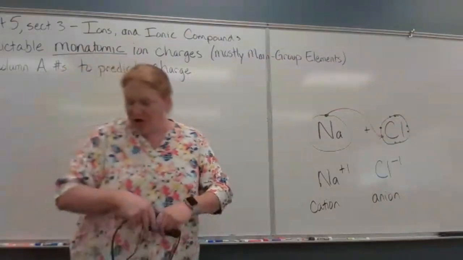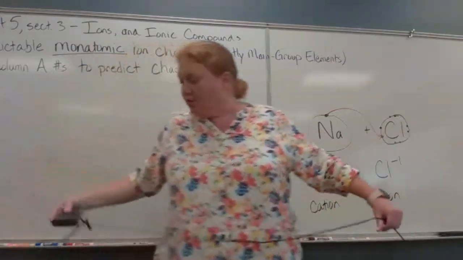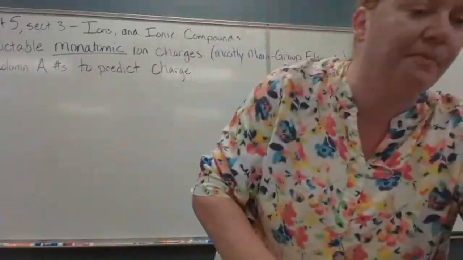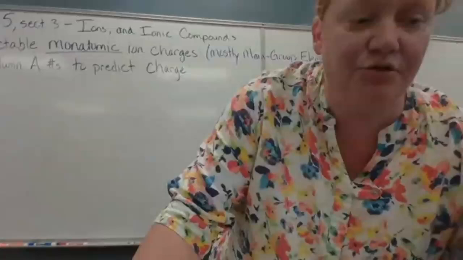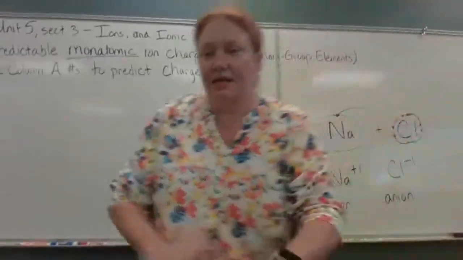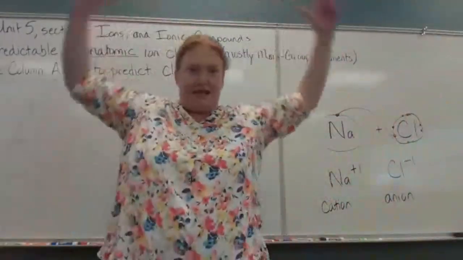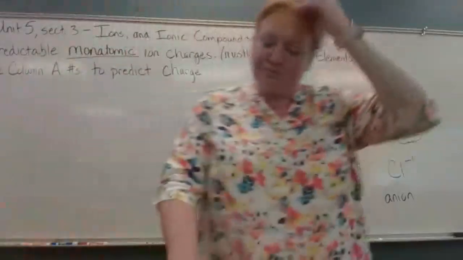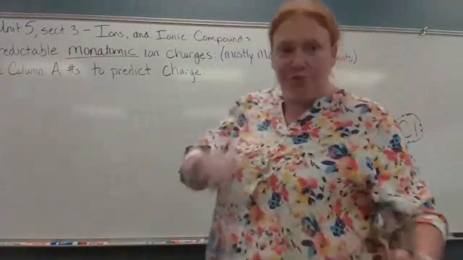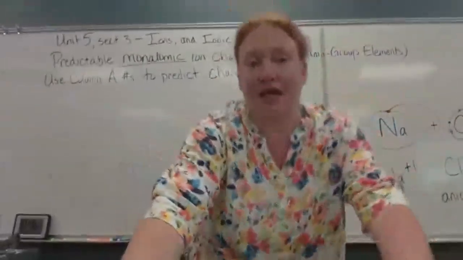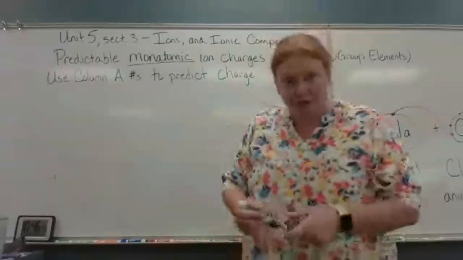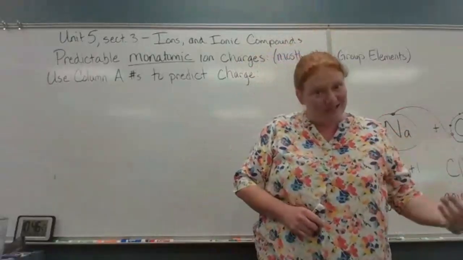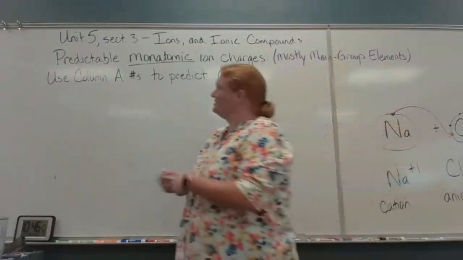Elements are trying to form bonds in order to give themselves 8 valence electrons. That's 8 electrons in their highest outside electron energy level. So we can use the group number and our knowledge of whether it's a metal or a non-metal to predict the charge, because the group number actually is the number of valence electrons for these main group elements.